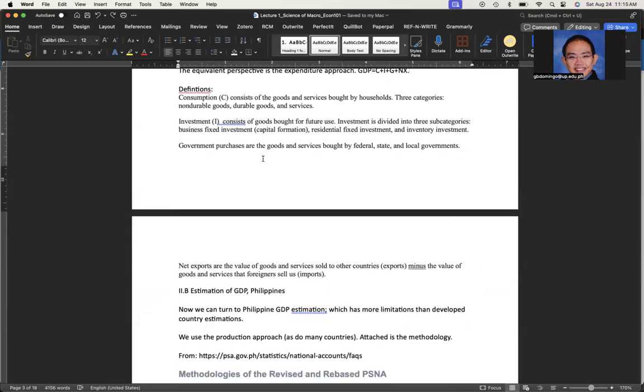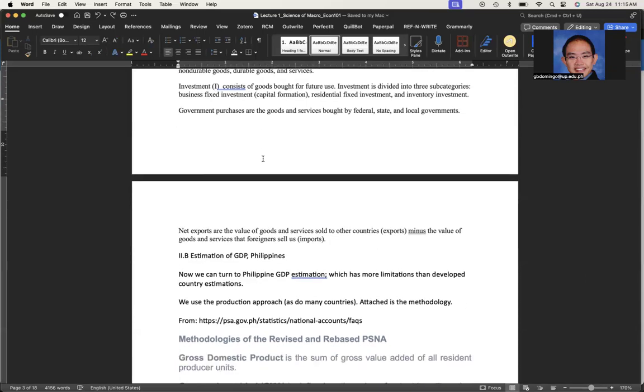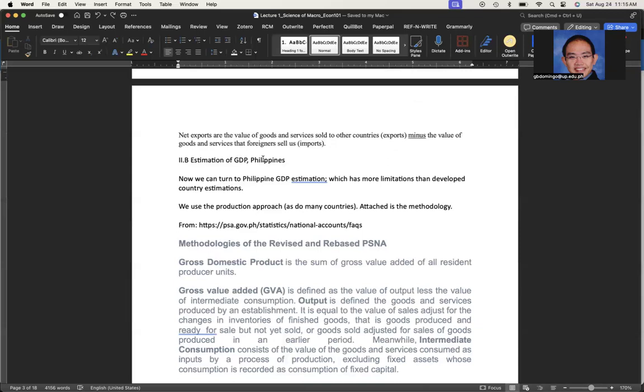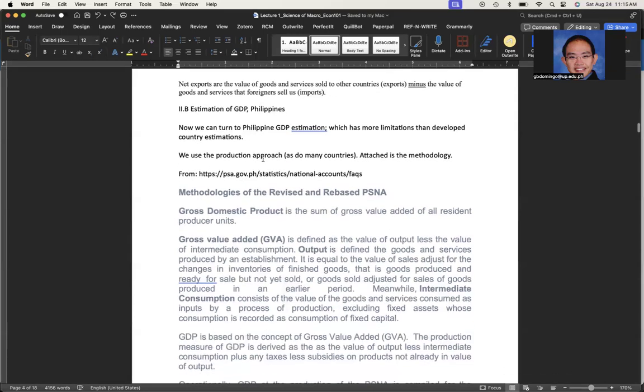Investment consists of goods bought for future use. Investment is divided into three subcategories: business fixed, residential fixed, and inventory investment. Government purchases are goods and services bought by federal, state, and local governments. Net exports are the value of goods and services sold to other countries minus the value of goods and services that foreigners sell to us.